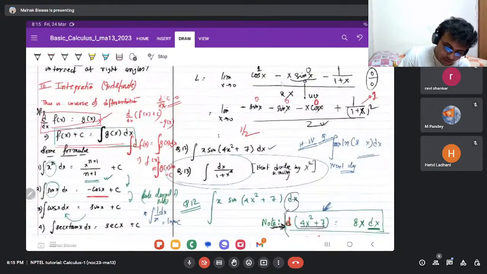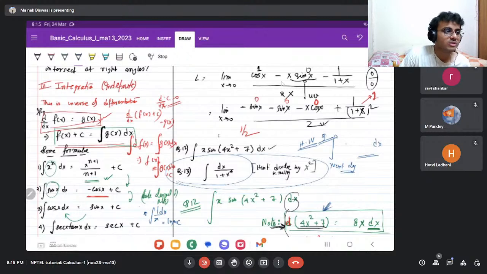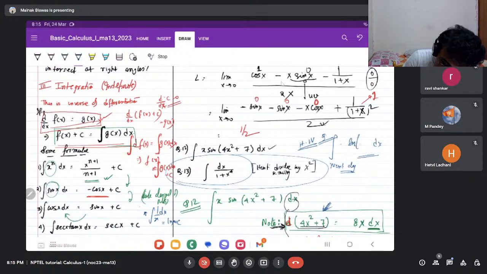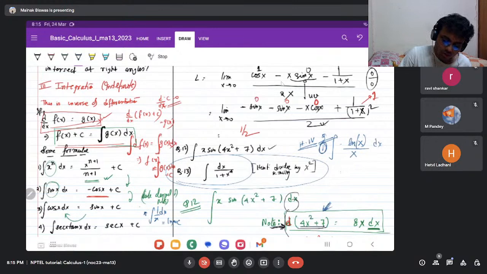Not this, sorry. Or you can do two more questions. Let me just think. Okay, let's see. Log x by x. This is one integration you can do. This is one homework.